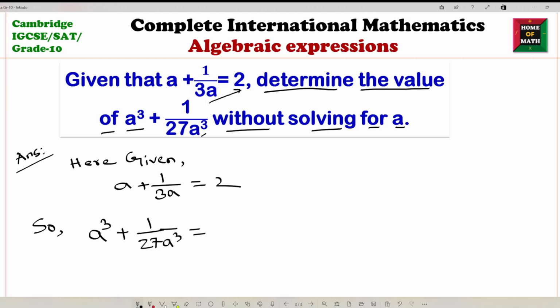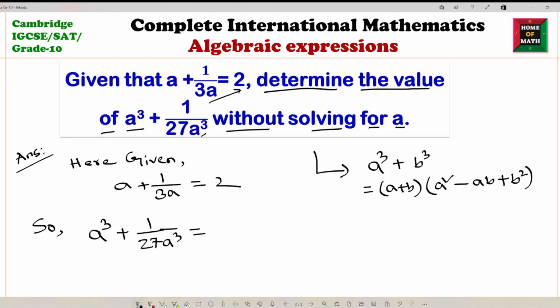We know the formula for factorization: a cube plus b cube equals a plus b times a square minus ab plus b square. Similarly for this one, we can write a cube plus 1 by 3a cube, 3 cube means 27.